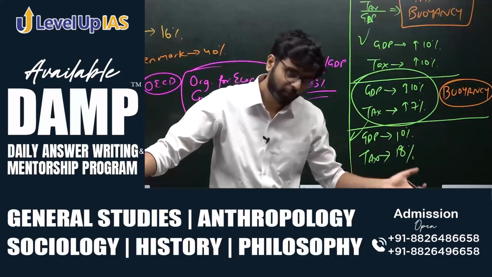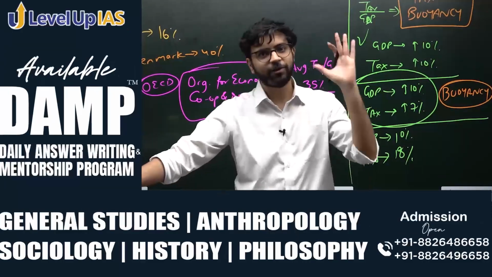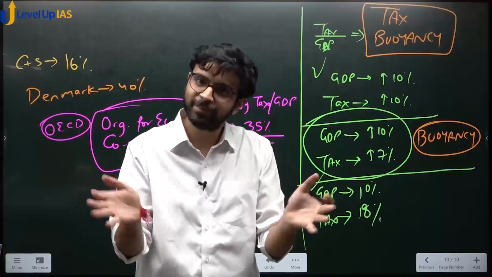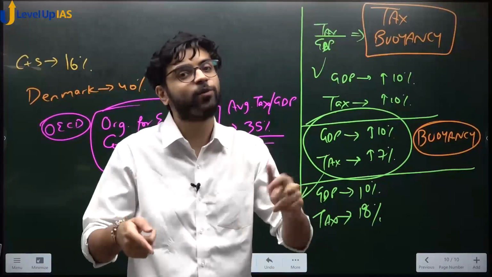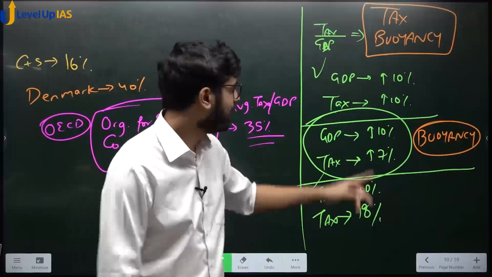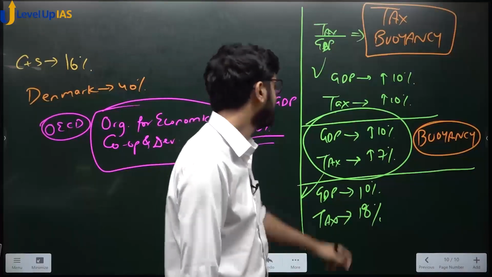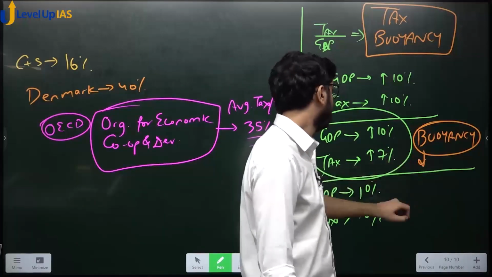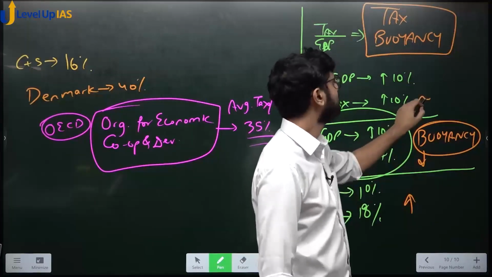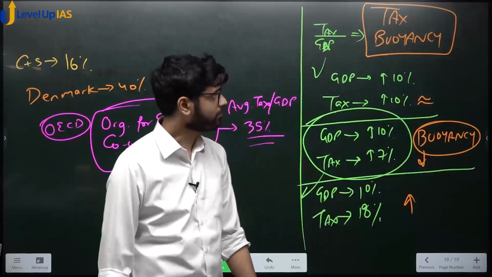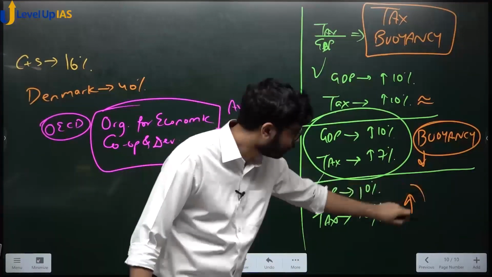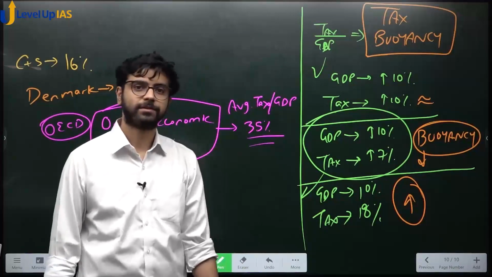So when you catch the tax evaders, their tax will also be included. Then GDP will not increase because it is already there, but tax will increase more than in proportion to the increase in GDP. Tax will be buoyant. Tax buoyancy is low in this case, it is high in this case, and it is normal in this case. We are aiming for higher tax buoyancy always.